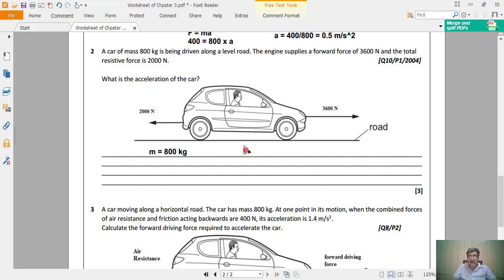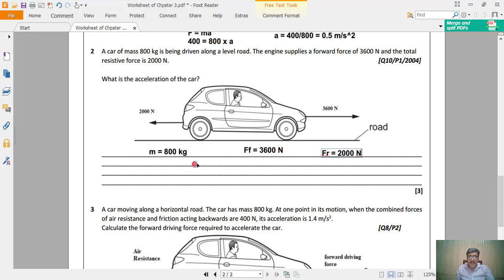So forward force is given, that is 3600 Newton, and I am representing forward force as Ff, and the total resistive force is also given, to which I say Fr is 2000 Newton.